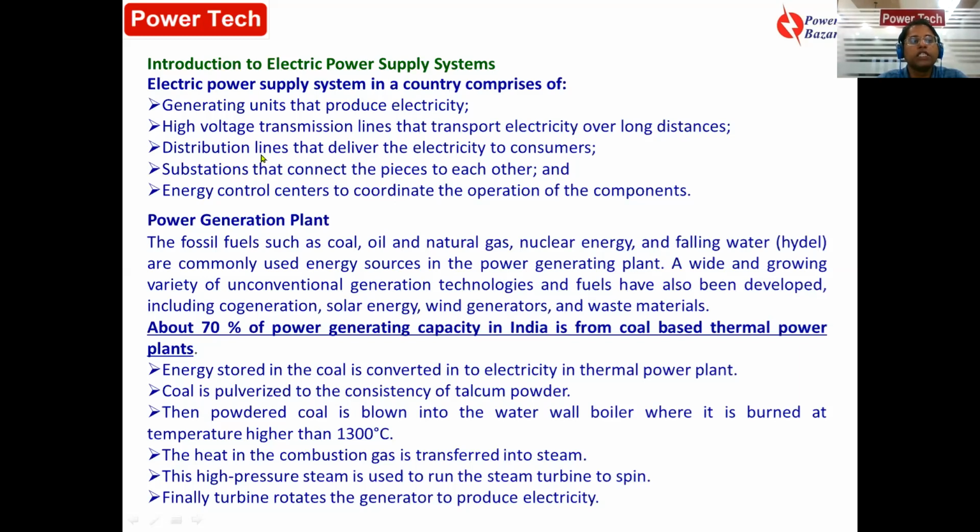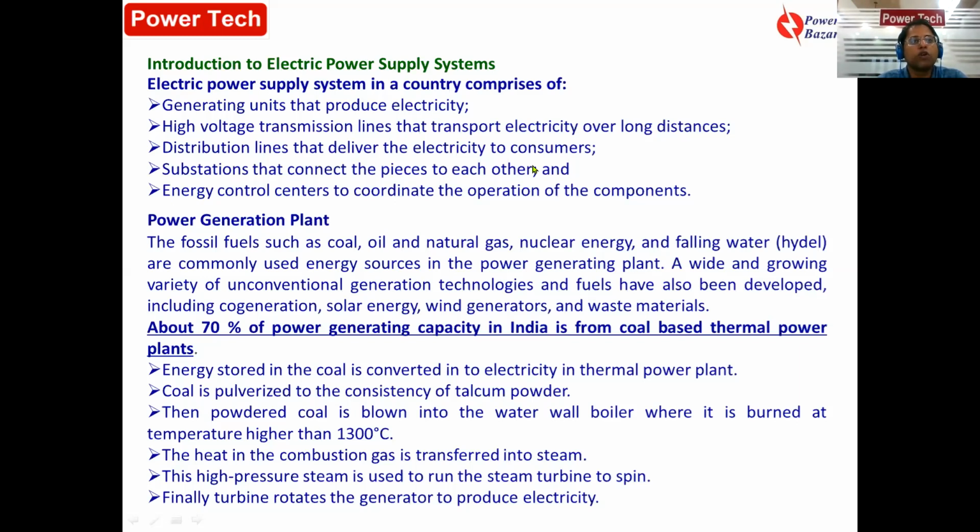So you have a distribution system, and in between you require some substations for stepping up the voltage at the generator end, and for stepping down the voltage at the distribution end, so that you transmit at high voltage, at extra high voltage, but it is utilized at lower voltage, after stepping down the voltage.